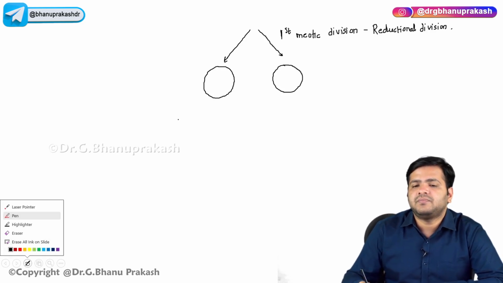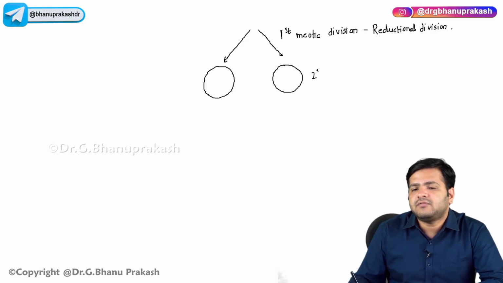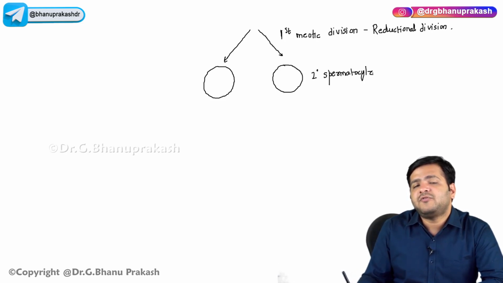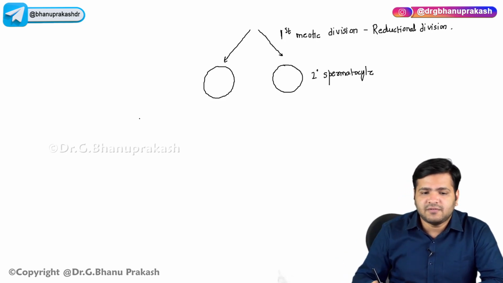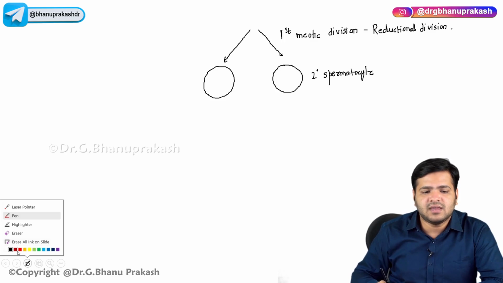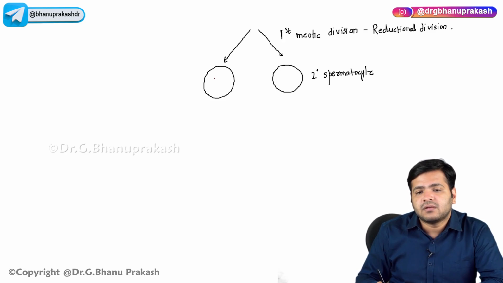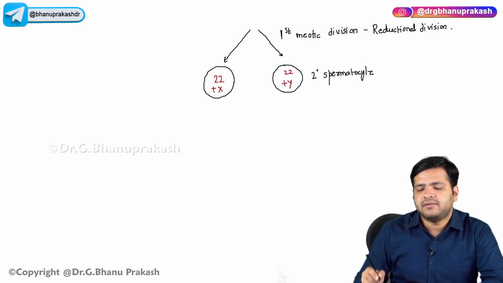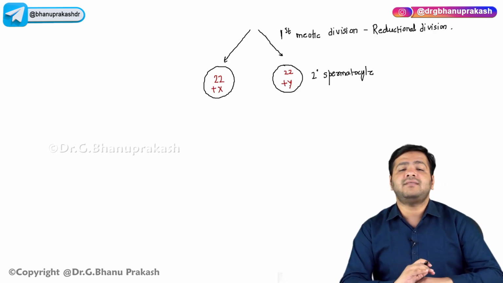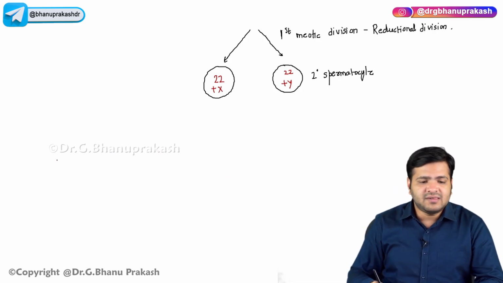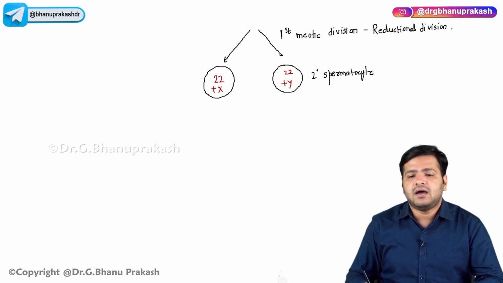Secondary spermatocytes are formed from the primary spermatocyte by the first meiotic division, and the resulting secondary spermatocytes will have the haploid number of chromosomes, that is 22 plus X and 22 plus Y.